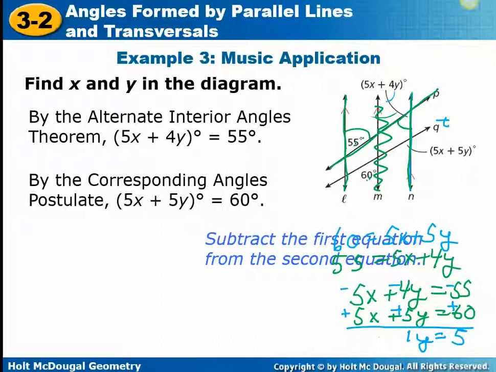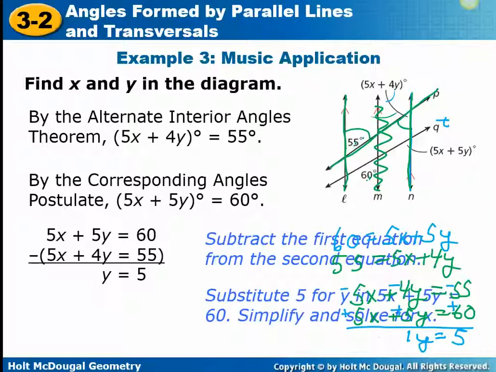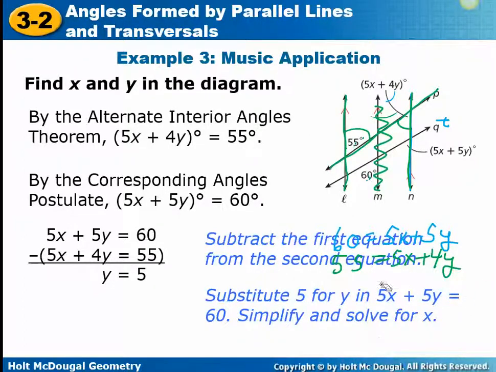So now I have the value of y. Once you have one of the values, then you can substitute back in, and you can find the other one's value by substitution. So you can pick either expression to substitute it back in for. They chose just randomly 5x plus 5y equals 60, replaced y with 5, finished solving, and they got x equals 7.